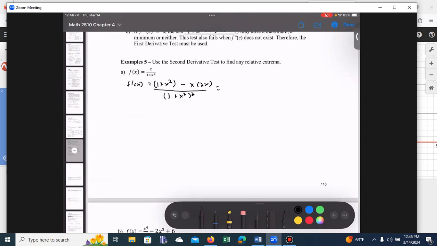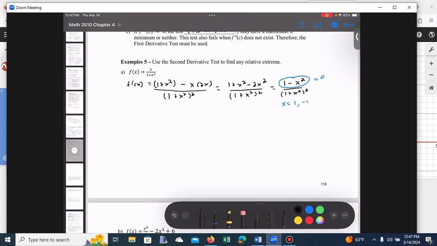So this is 1 plus x squared minus 2x squared, which is going to be 1 minus x squared over 1 plus x squared, squared. And we find places where this derivative equals 0. And that's going to be at x equals 1 or negative 1.